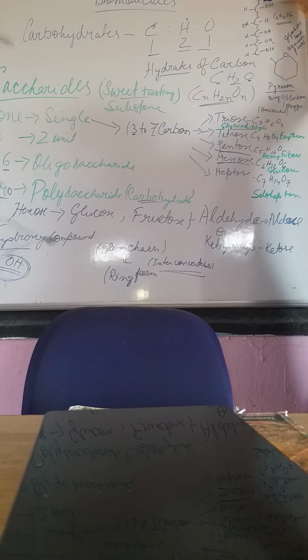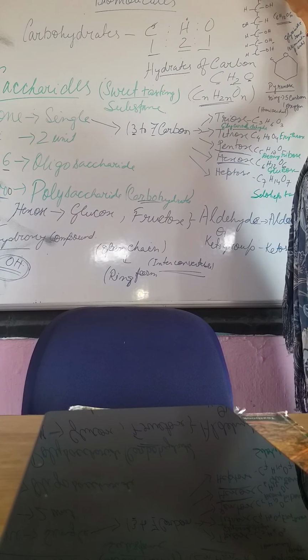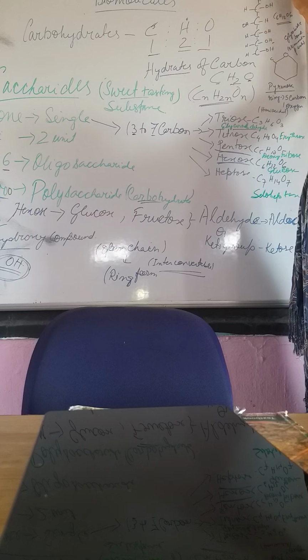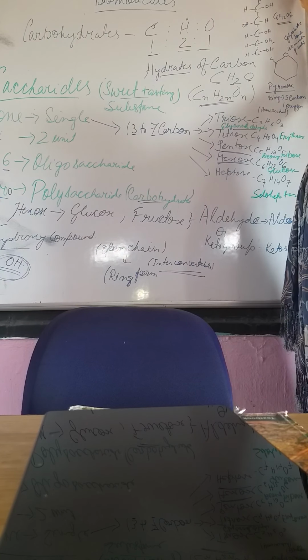Now if you focus on this portion, this is an open chain glucose molecule. See, 1, 2, 3, 4, 5 and 6. We have 6 carbons here, and the terminal position 1 carbon has the double covalent O and H. This is an aldehyde group.